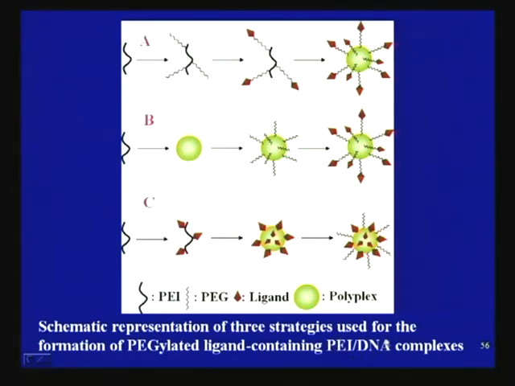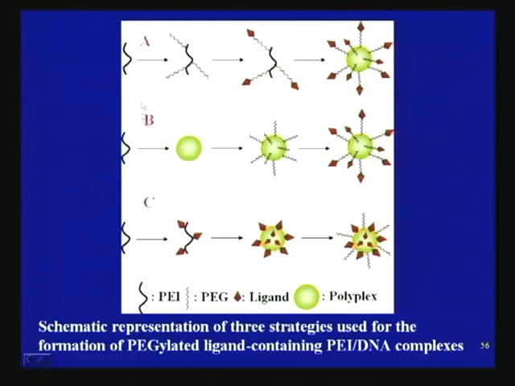If this DNA is used for some therapeutic purpose, that DNA should be connected through polyethylene imine polymer, which should again be connected with the help of this polyethylene glycol polymer.